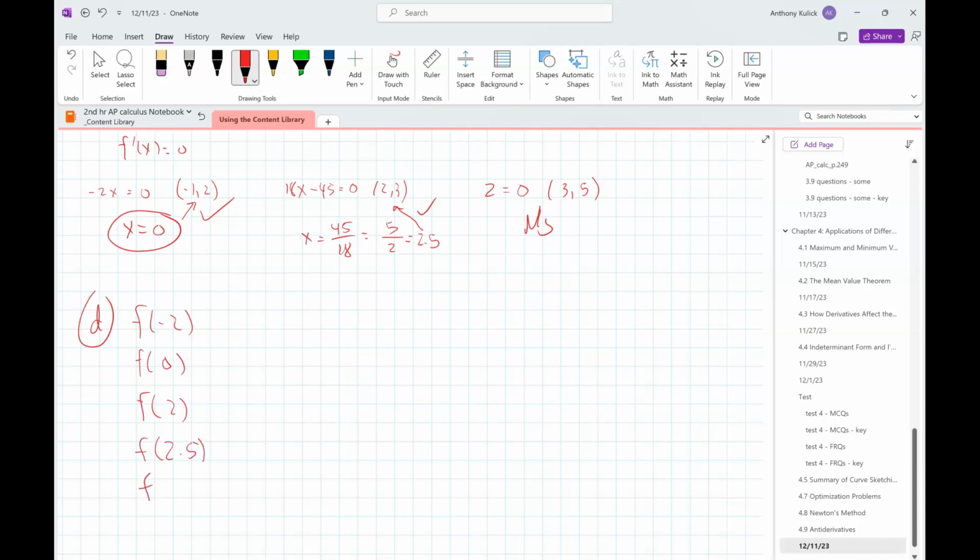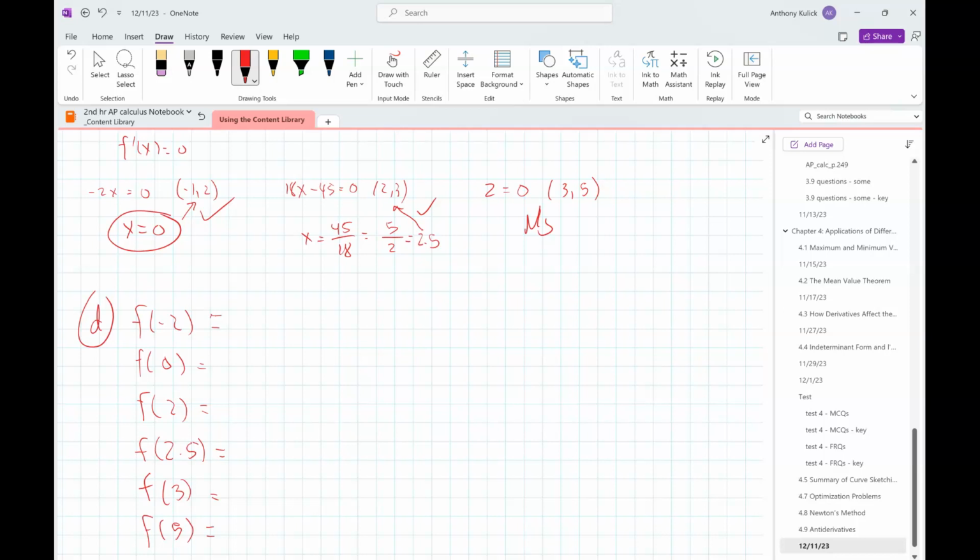I think it asks for the values as well, so I would need to do this at some point for whatever I determined was my minima or maxima. Everybody okay with this plan?